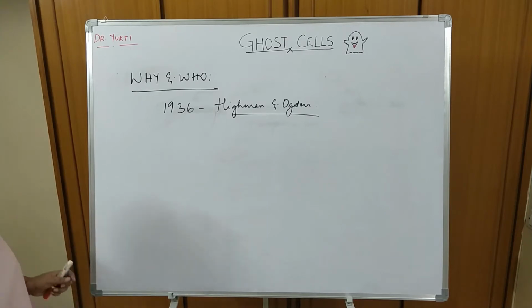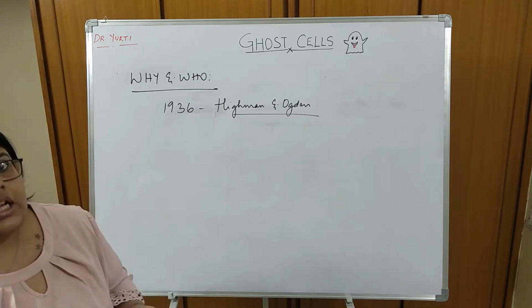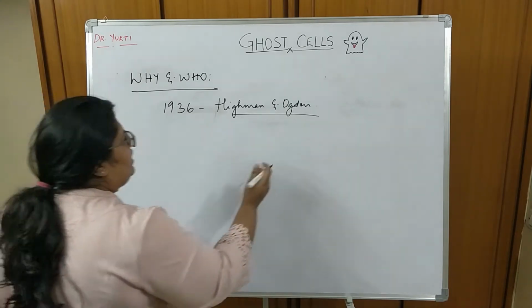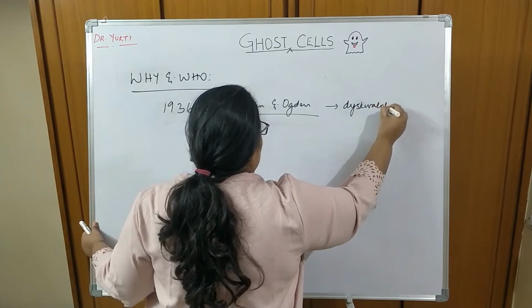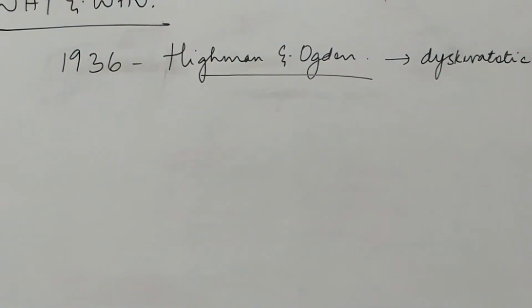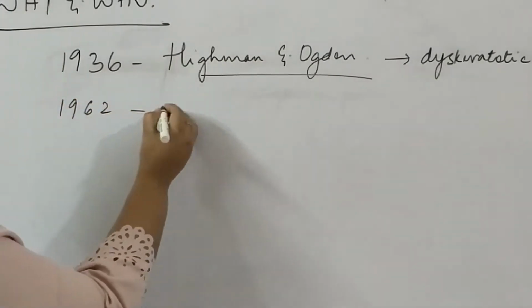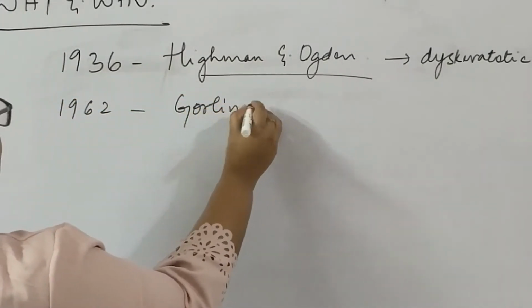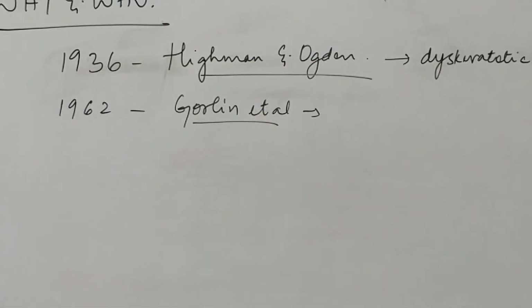Hyman and Ogden were the first ones to describe ghost cells, and what they thought was that ghost cells are nothing but dyskeratotic cells. So these are epithelial cells only which are dyskeratotic. Next, later in 1962, Gorlin et al. first saw ghost cells in CCOT, that was calcifying cystic odontogenic tumor.